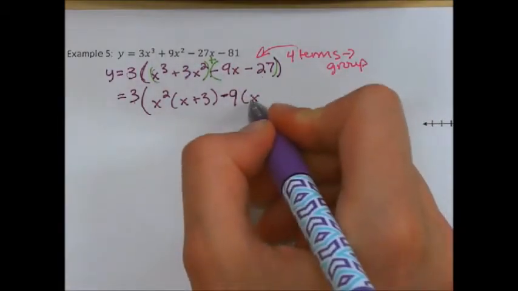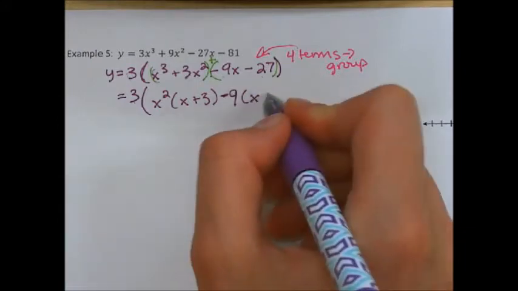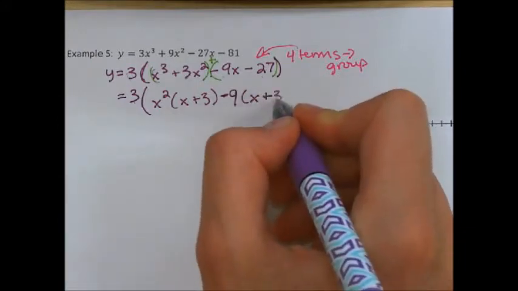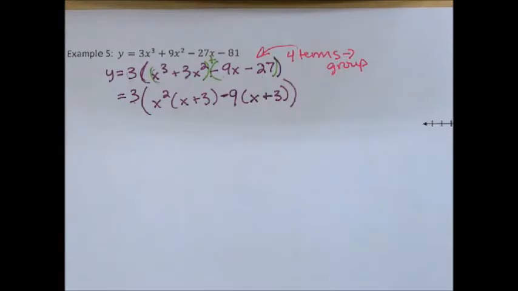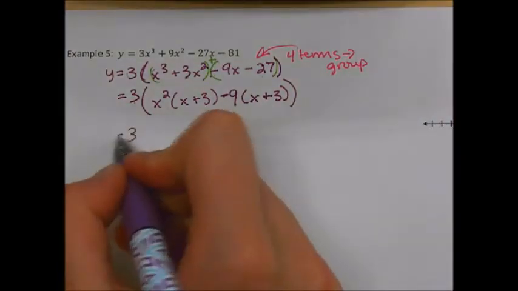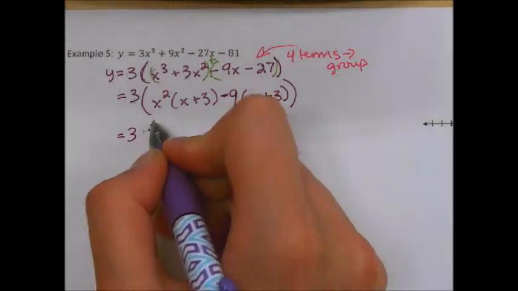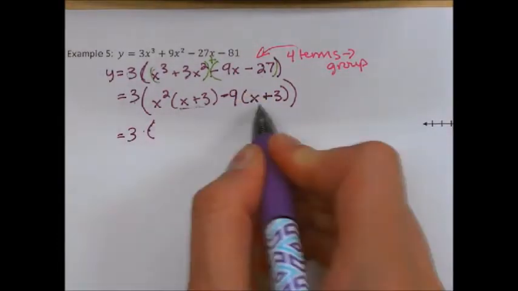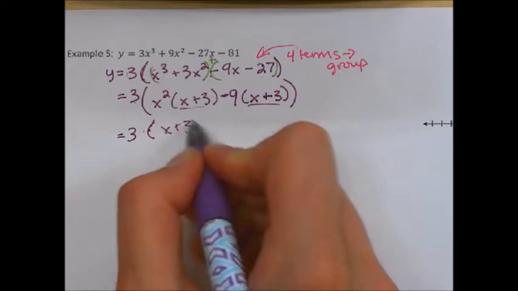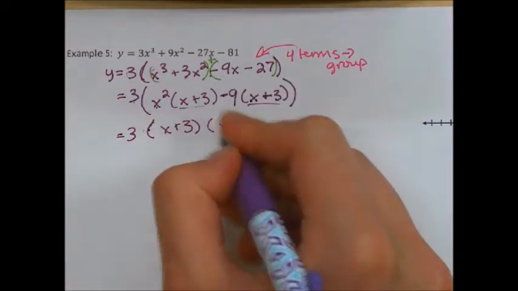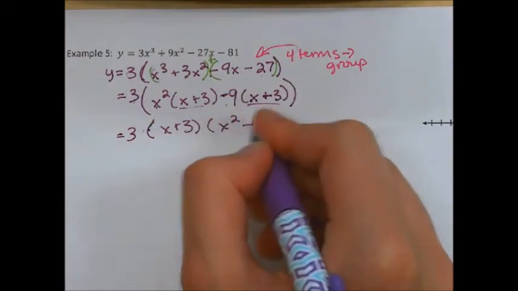Negative 9 times x. Negative 9 times positive 3 gives me negative 27. My common binomial, x plus 3. My GCFs were x squared, negative 9.